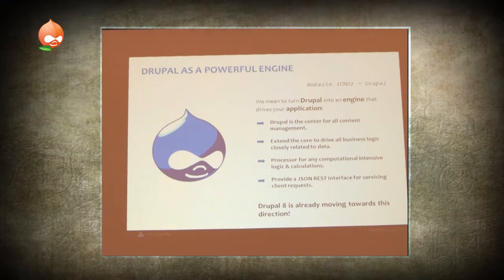Now, I did mention business logic. Sometimes you have business logic that is very computationally intensive. We're going to put that on the server. These are too heavy for a client to do, and after all, the server does have a lot more resources.